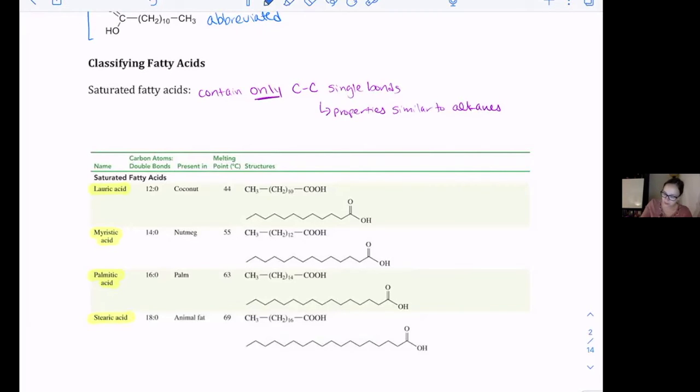Another way that this gets represented is this column here. This first number is the number of carbons, and the second number is how many double bonds there are. So this is saying that we have 12 carbons and 0 of them are double bonds.